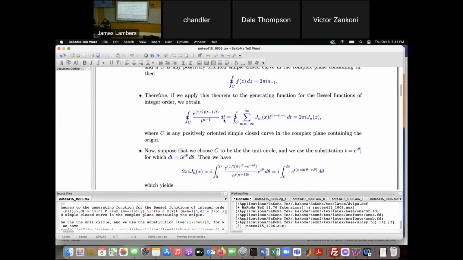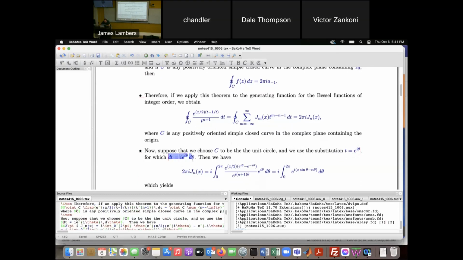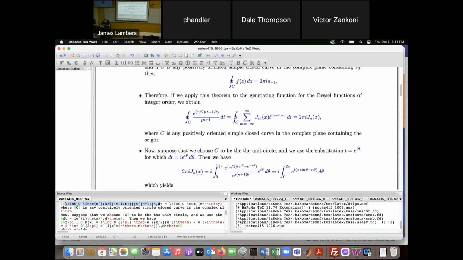So that's the substitution we'll now make: t is equal to e to the i theta. So then we have this for dt, taking the derivative. So now this integral becomes this when we make that, well, normally called a u substitution, but it's a t substitution.